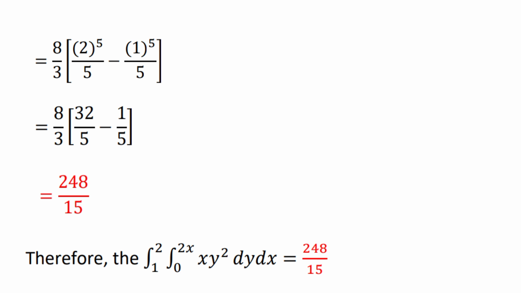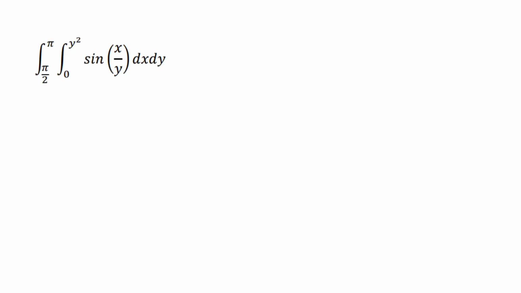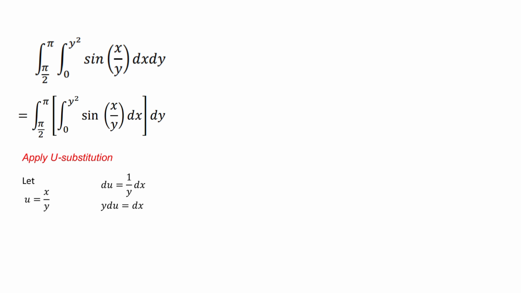248 over 15. Next problem is the double integral of sine x over y dx dy from 0 to y squared and pi halves to pi. Same with problem 1, we need to integrate first the inner integral, which is the integral of sine x all over y dx from 0 to y squared.